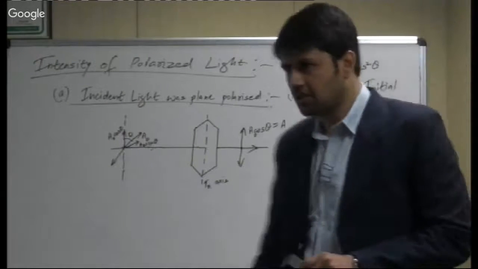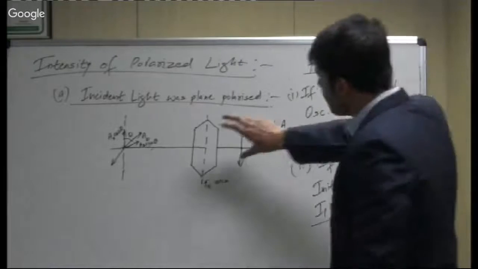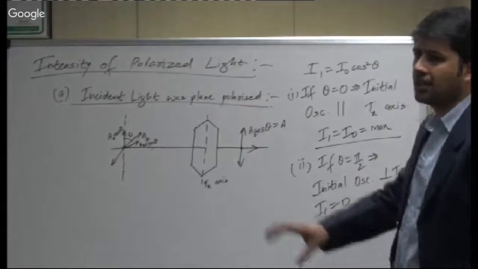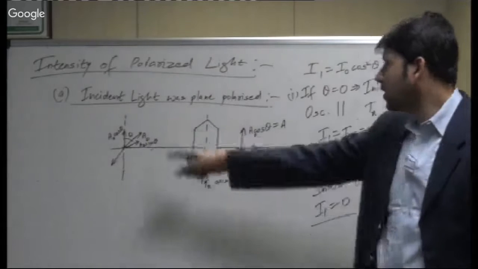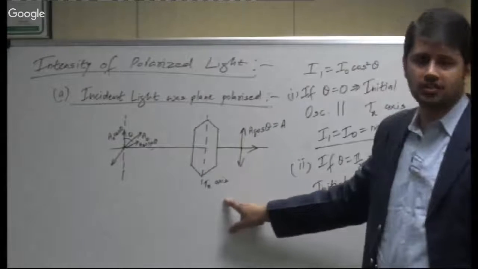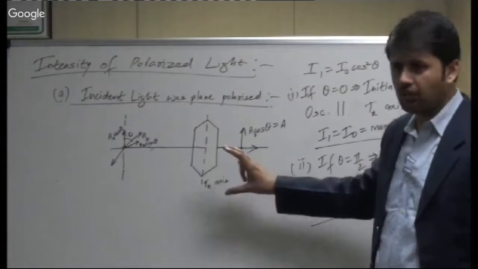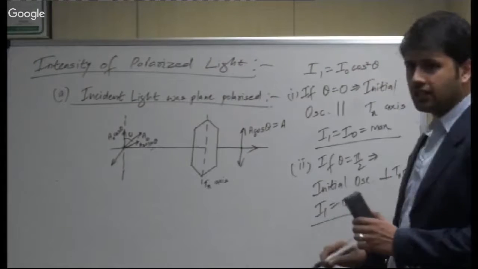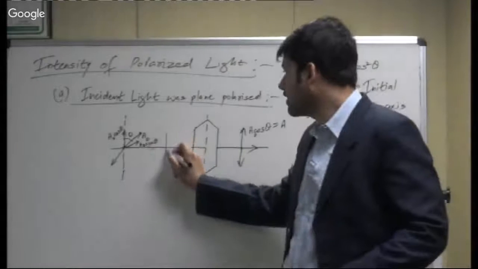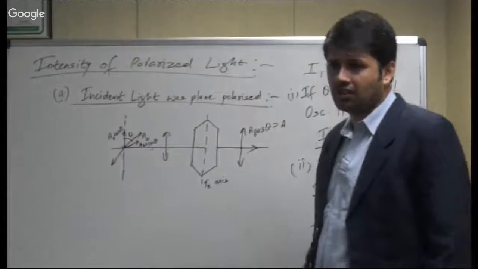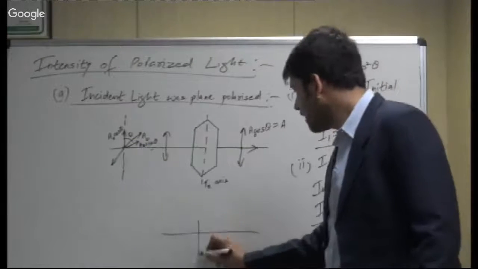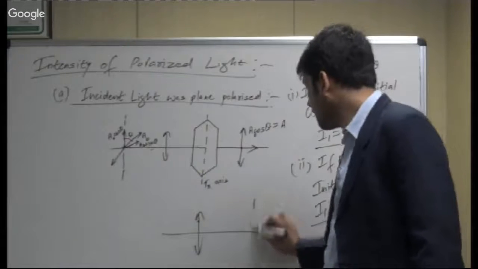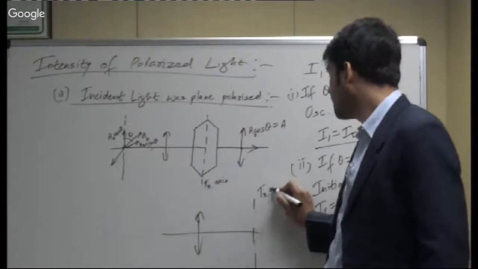Is it okay? If we rotate a Polaroid, and initially the oscillation and the transmission axis match, then gradually the intensity would decrease. Let's say the oscillations were like this, and this was the transmission axis.